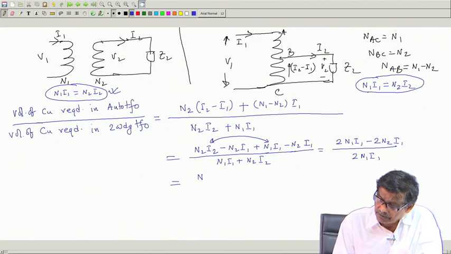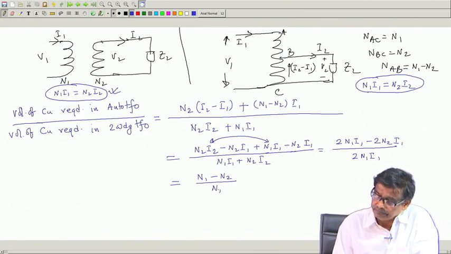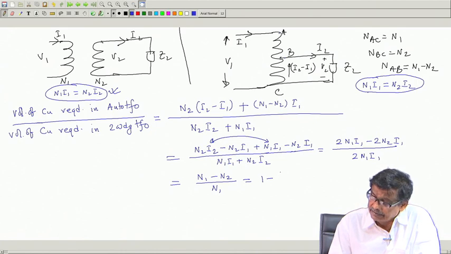So, it will become equal to N1 minus N2 by N1 simply, which is equal to 1 minus N2 by N1.